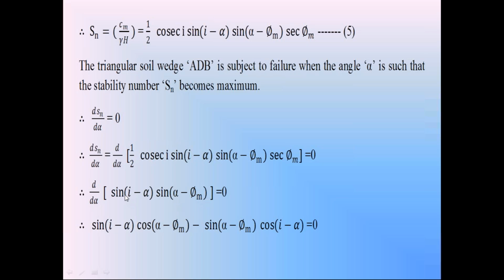So in this equation, it is sine (i minus alpha) into d by d alpha of sine (alpha minus phi m), that is equal to cos (alpha minus phi m), and the second term, sine (alpha minus phi m) into d by d alpha of sine (i minus alpha). Check that carefully.